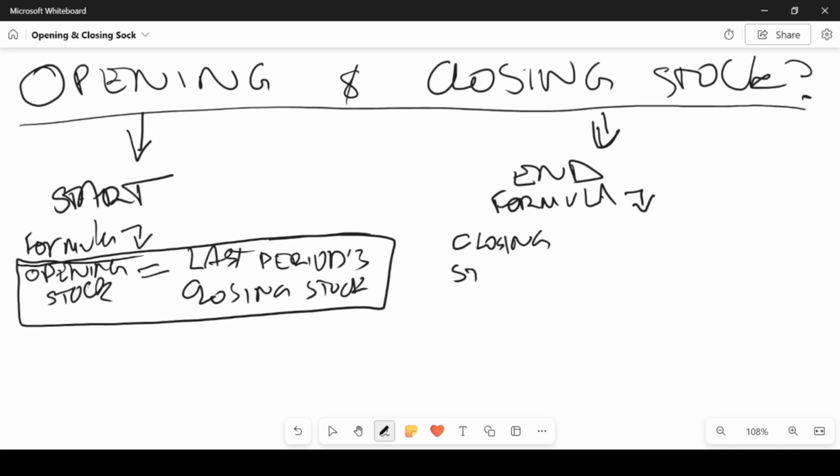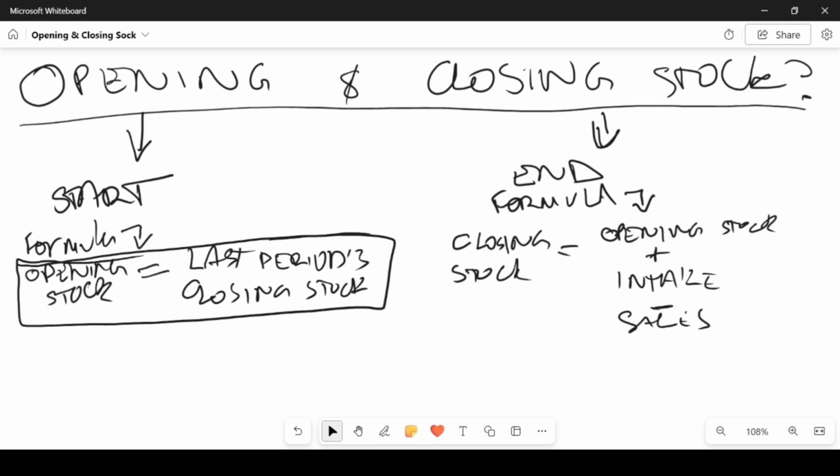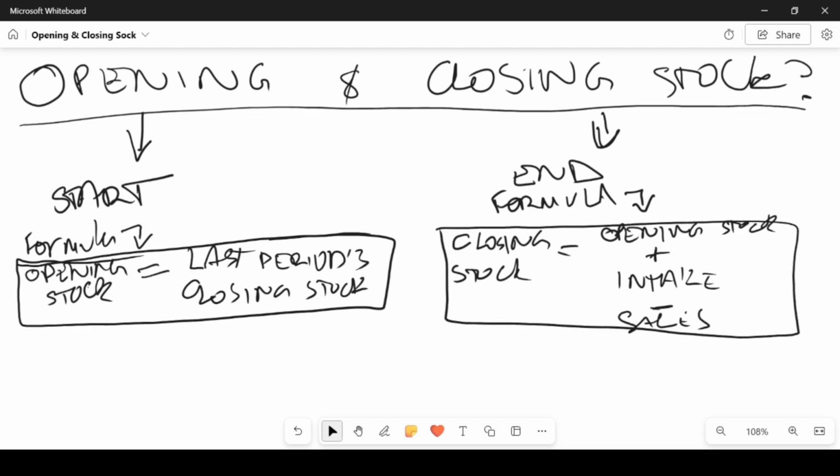Closing stock equals your opening stock plus your intake minus your sales. That's the formula for closing stock.